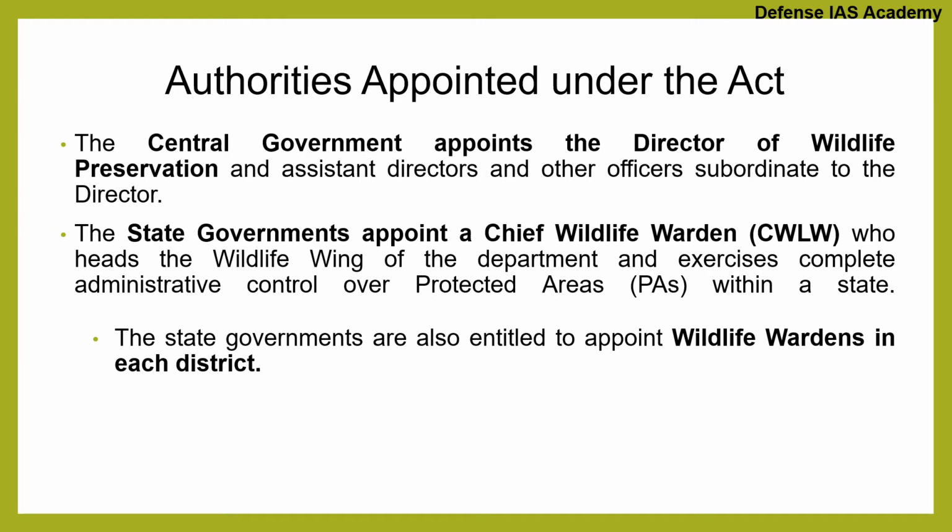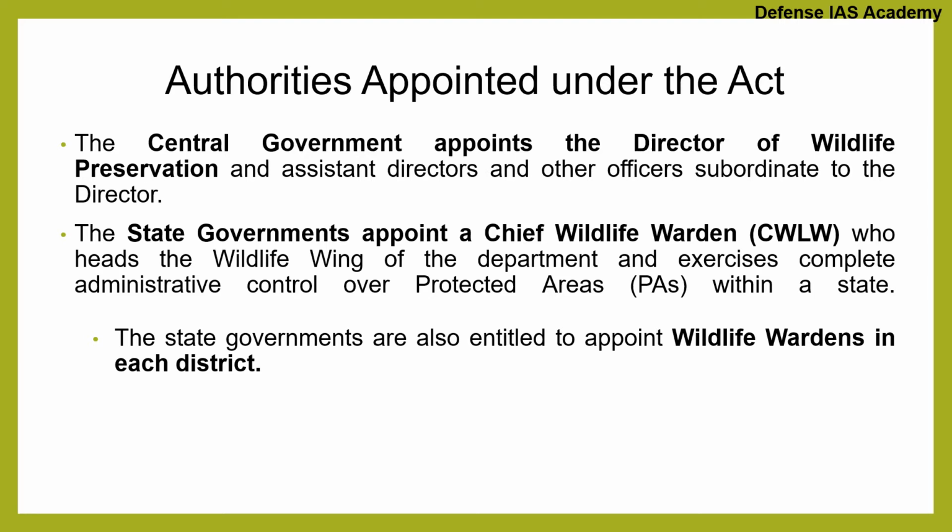The third reason is that during the British era, the Wild Birds and Animals Protection law was enacted in 1935, and as we said earlier, during British rule wildlife protection was not given priority.